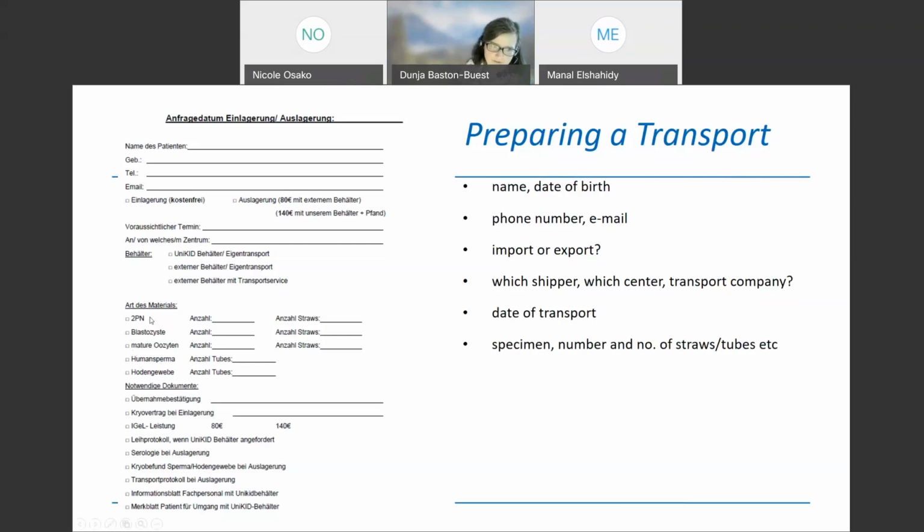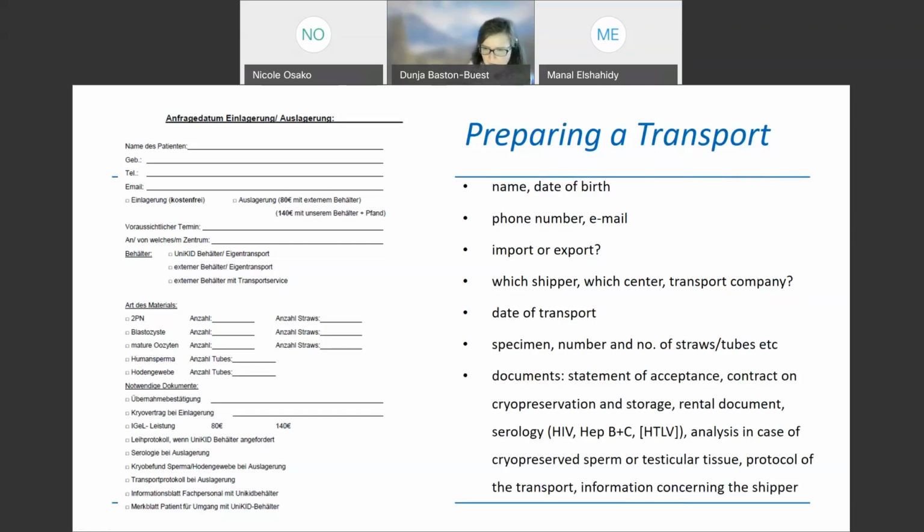So you see here 2PN or blastocyst or oocytes or human sperm or tissue. And the number of the straws or tubes that should be sent there. And then we've got a lot of documents.